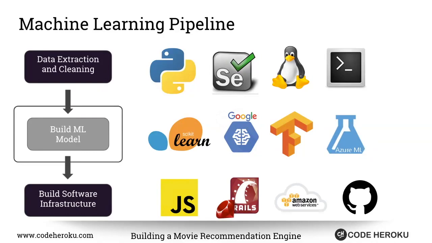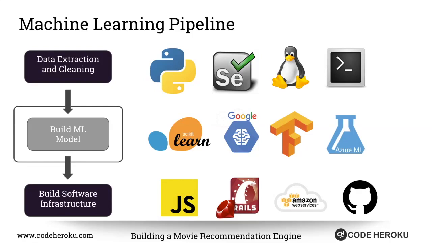The third stage, which I skipped over quickly, was building the software infrastructure. For example, even after today, once you build a recommendation engine, it will still be a Python script. It is not something that you could give your users and they'll be able to use. But as a software engineer or a product developer, you need to build the entire product which has the machine learning components in it.